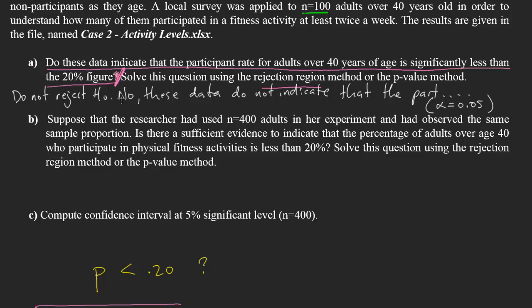We're saying no, the data do not indicate that. And then we're going to add in significance level used as 5%, or you could say that alpha equals 0.05, or assuming a 5% significance level, something like that. So that would be our conclusion, and that takes care of part A.